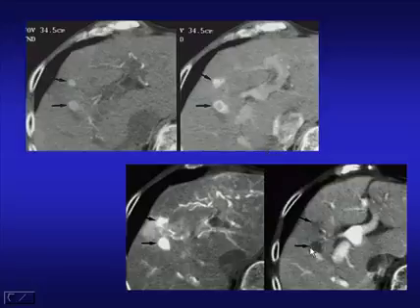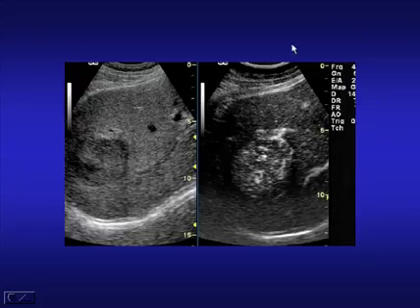Interestingly, CT arterial portography is coming back into fashion, where particularly interventional radiologists in the Far East are working with hybrid systems, combined angiography and CT systems, particularly where they're performing super selective embolization and chemoembolization. So this technique hasn't gone entirely out of fashion. It is coming back quite well.